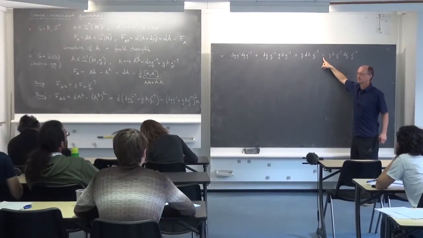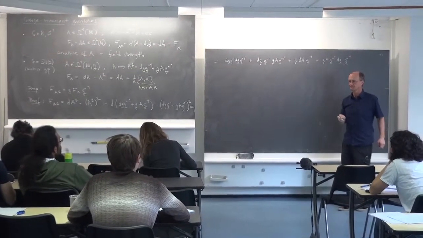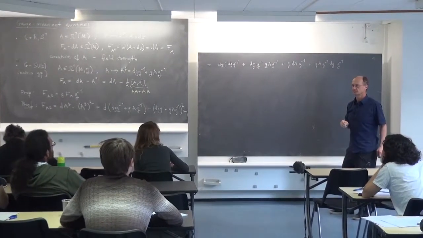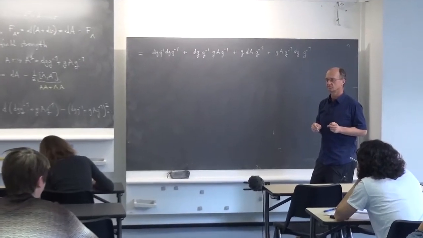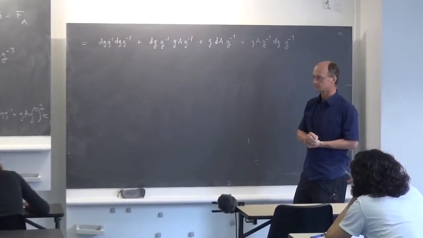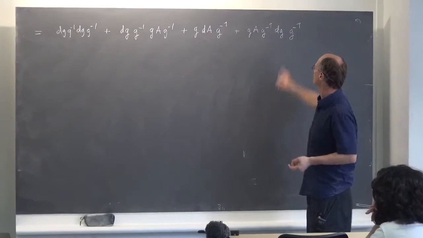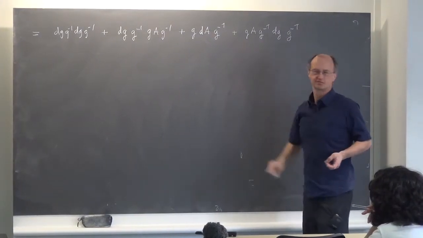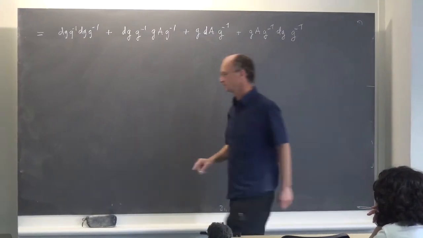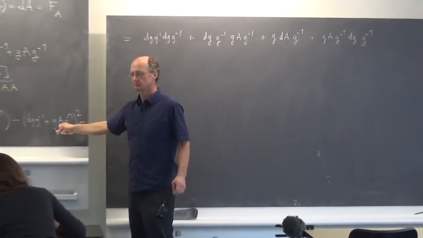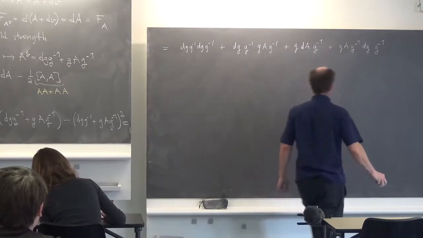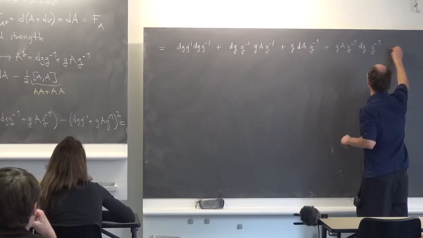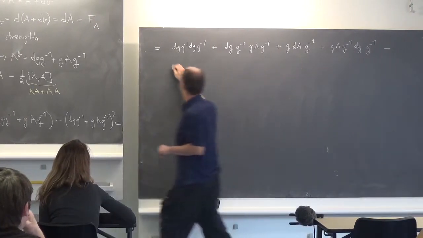Why is it plus? You get a minus sign from the g first, and you get a minus sign from going past the A. That's right. So there are two minus signs. They compensate each other. But you see, that's a kind of complicated game.